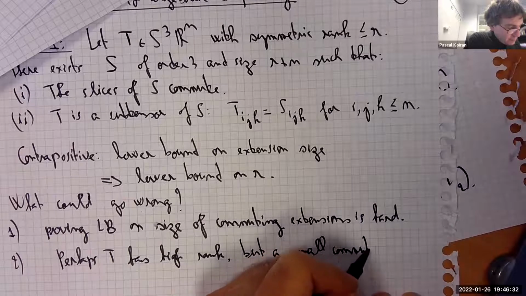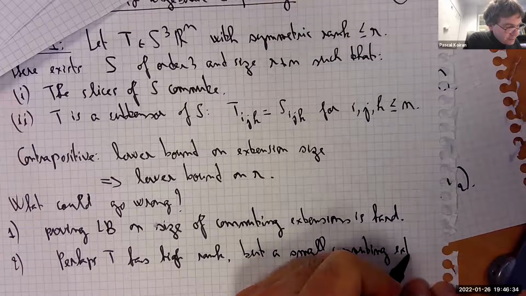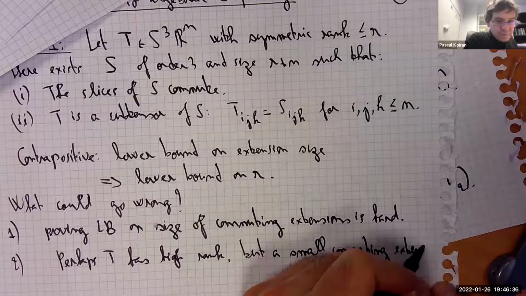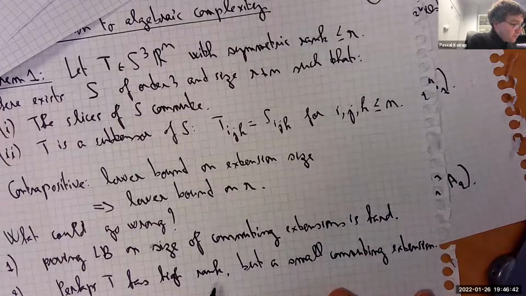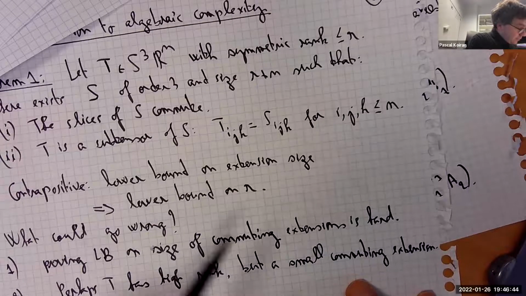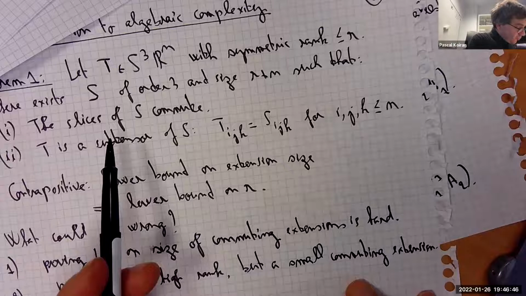It's a possibility in theory. If you start from a tensor T with high rank but small commuting extensions, this method is not going to work. You will not get much out of it.